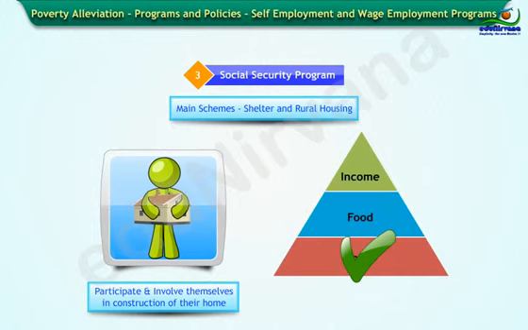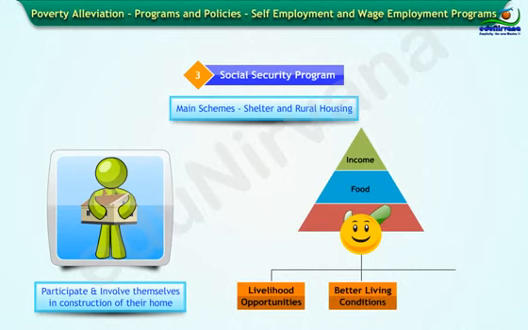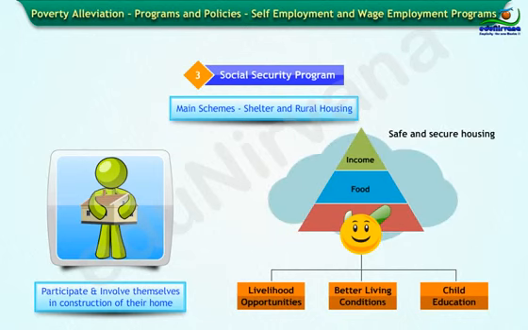Once the basic need of housing is fulfilled, citizens develop a sense of opportunity for livelihood, for improving living conditions, and for continuing children's education. Undoubtedly, there is a direct link between safe and secure housing, better standards of living and reduction in vulnerability.